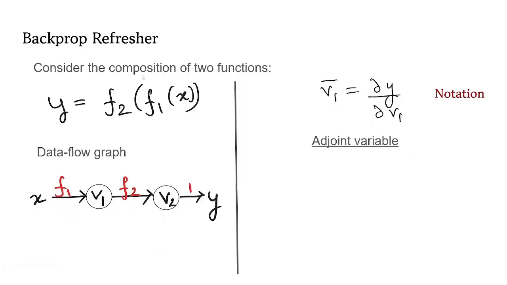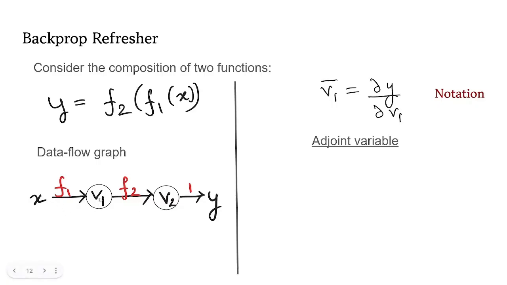Now, let's look at how the chain rule comes into the picture. Consider the composition of two functions. So, x and y both are scalar here. We apply the function f1 to x, followed by the function f2. And we can represent it in the form of a data flow graph like this.